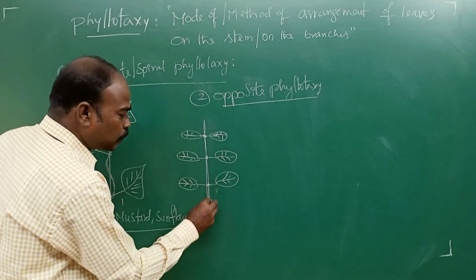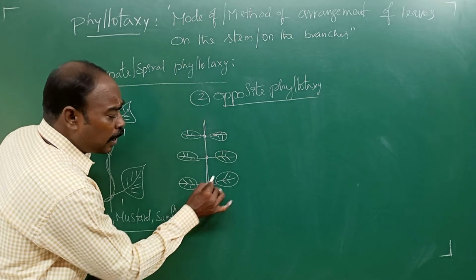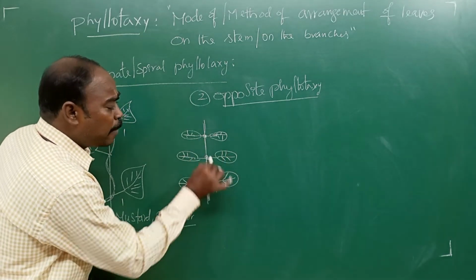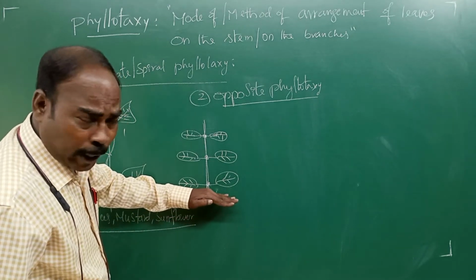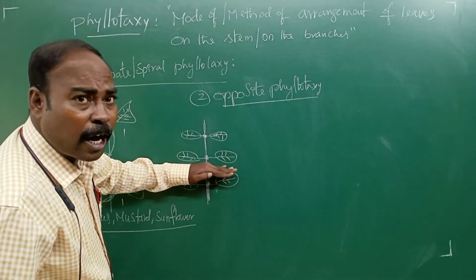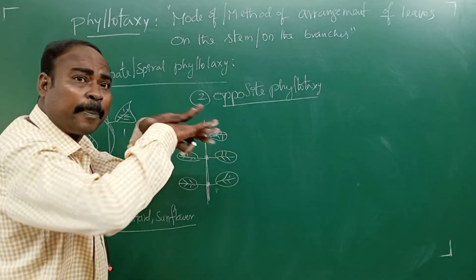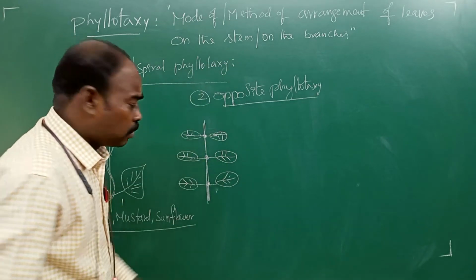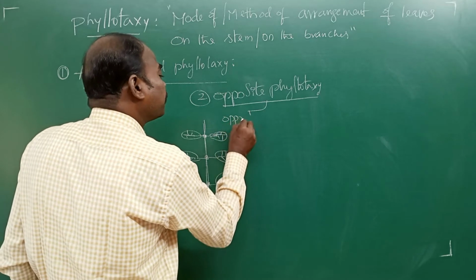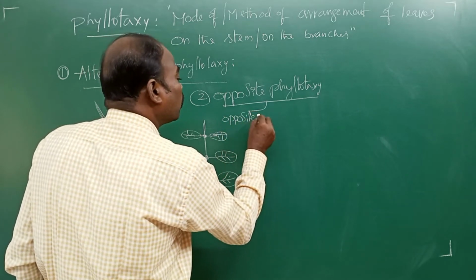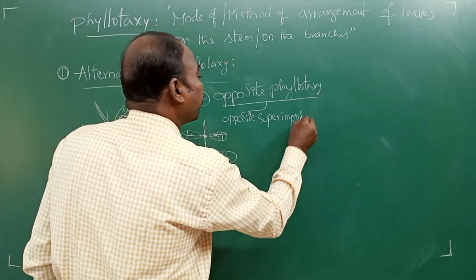This pair of leaves arranged on either side of a node is the same in all nodes. Means the pair of leaves in a node is in the same plane as the next node. All nodes have the pair of leaves in the same plane. Such opposite phyllotaxy is called opposite superposed or superimposed.